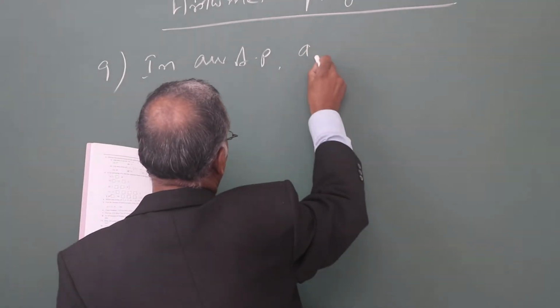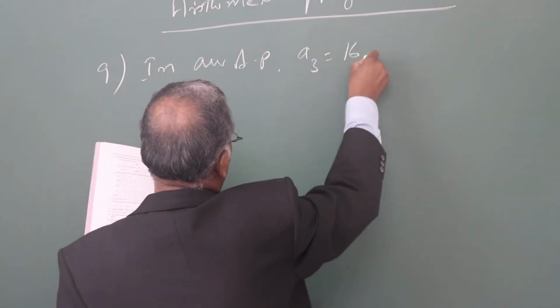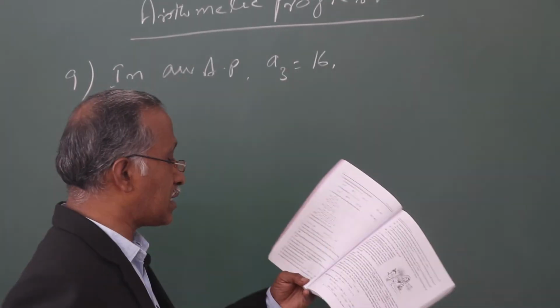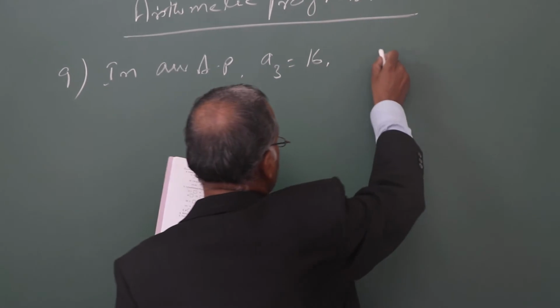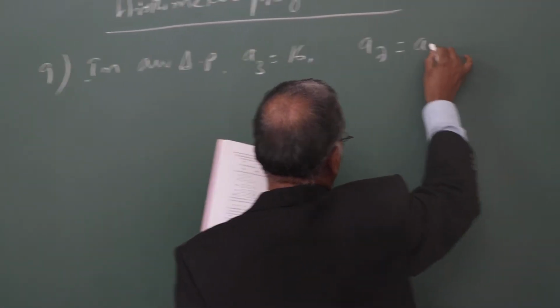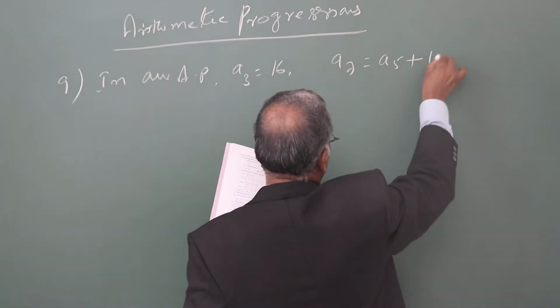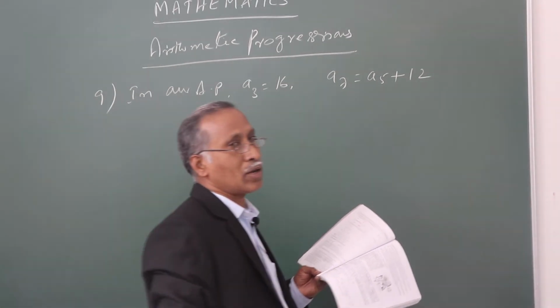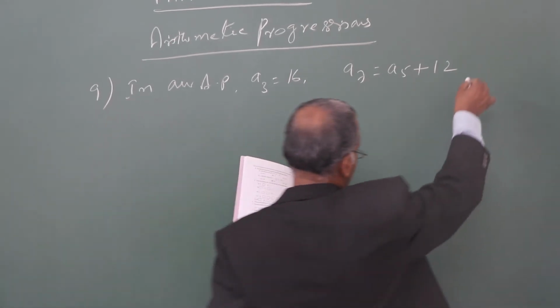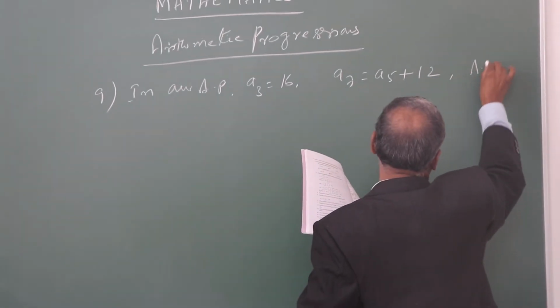The third term is symbolically denoted by A3, that is 16. The seventh term exceeds the fifth term. Seventh term means A7. Exceeds the fifth term by 12 means to the fifth term, 12 is to be added. Determine the AP, so we have to find out the AP.